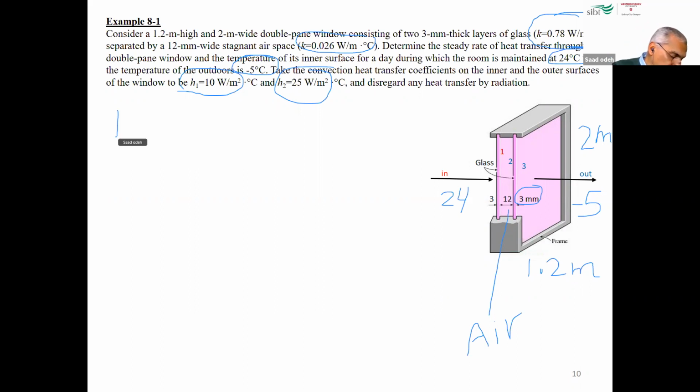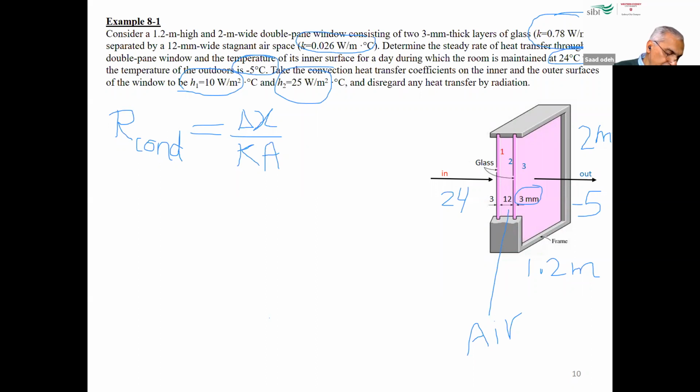If I want to find our thermal resistance by conduction, what is it? Again, we put L or delta X, the thickness, divided by K A. For each layer, the glass layer, the air layer, and the other glass layer, we can use this R conduction.